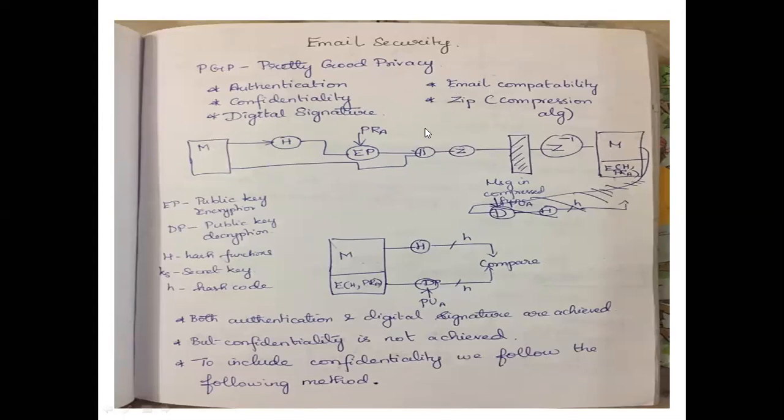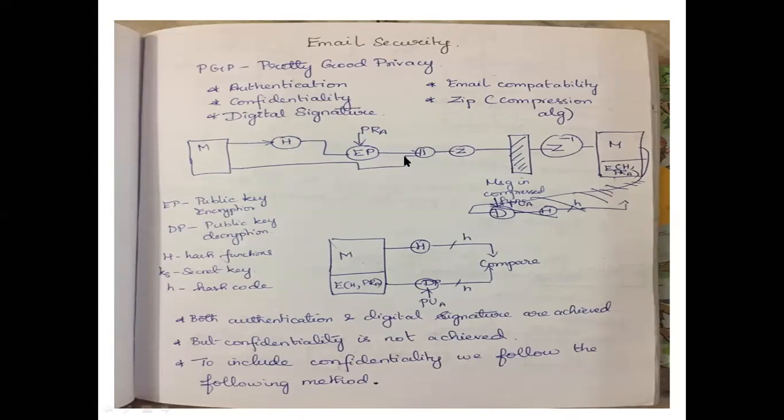If you see the working from the diagram, you have a plain text that is given to a hash function, and the hash function does not use any key to generate the hash code. The generated hash code is encrypted using a private key. This is the append symbol.